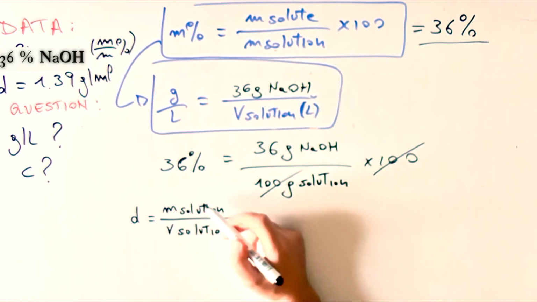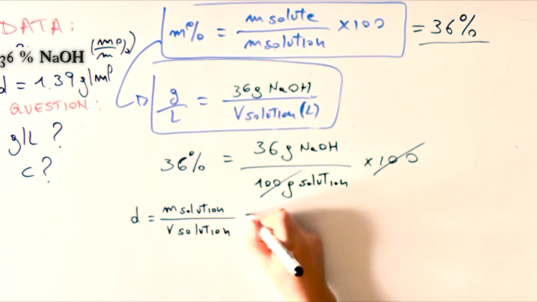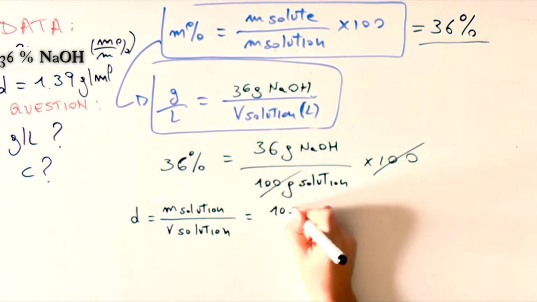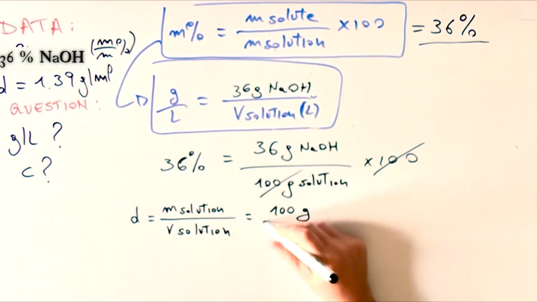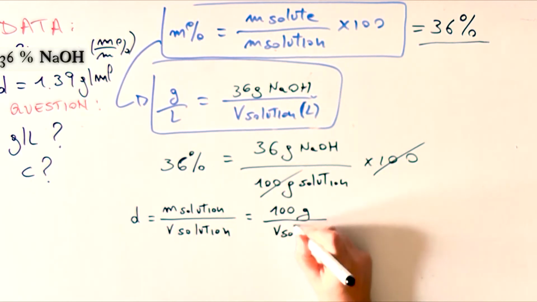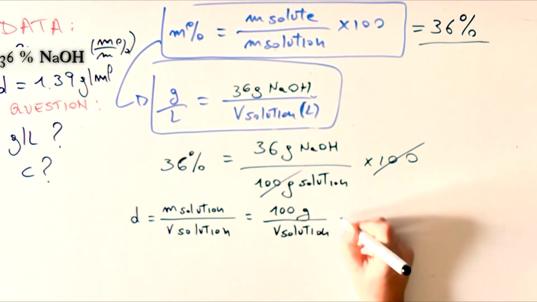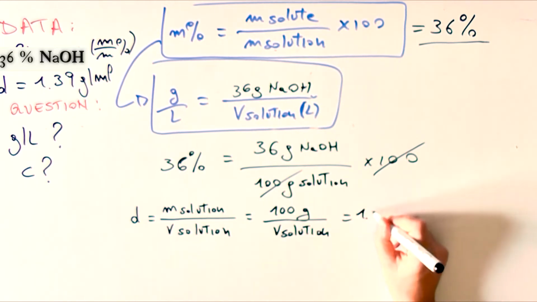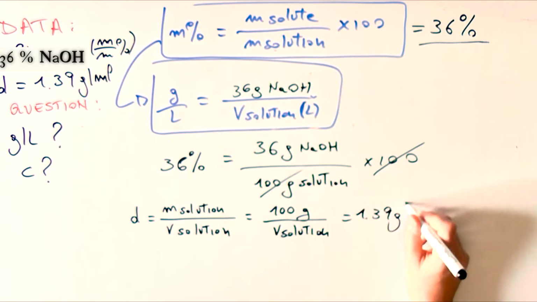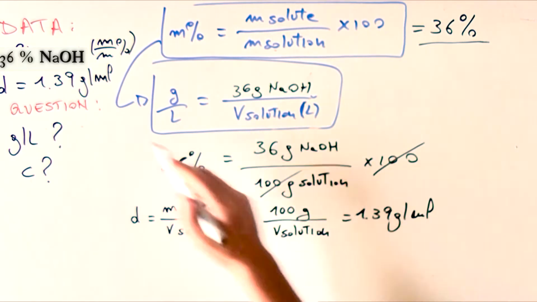All the time on the top the same things you have on the bottom of this equation. So mass of solution is 100 grams divided by volume of solution equals 1.39 grams per milliliter, which is the density.